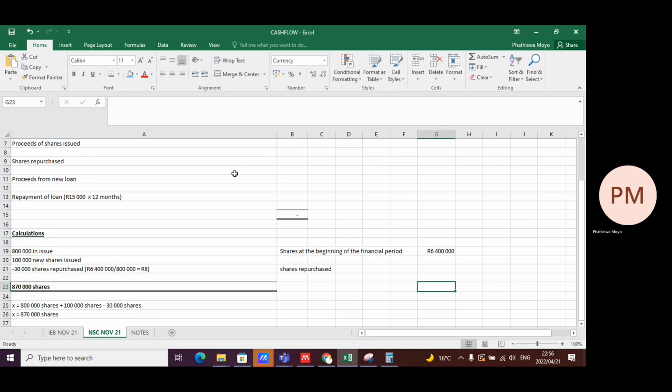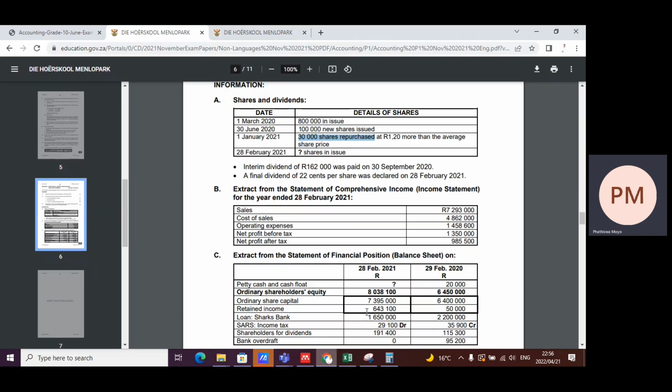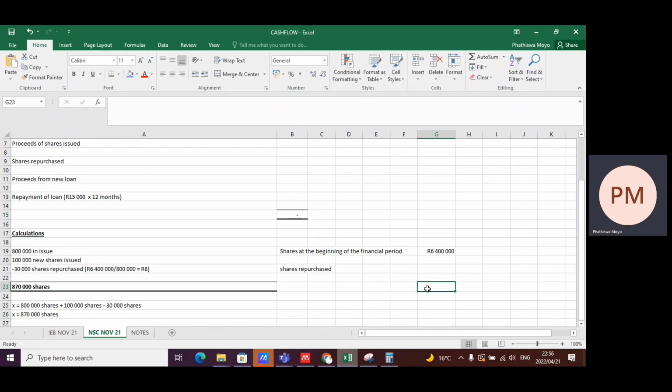Okay. The total that we are given here in value is 7 rand. So this can help us to get somewhere.